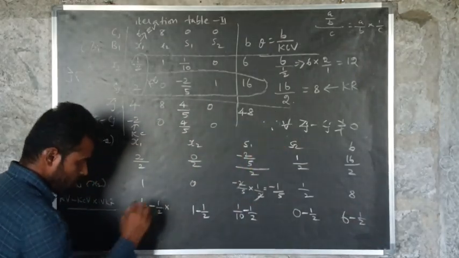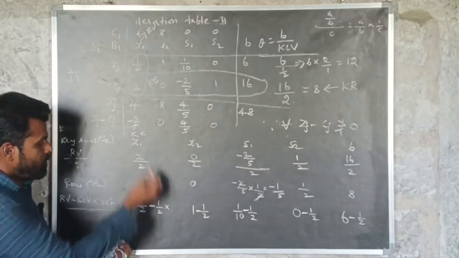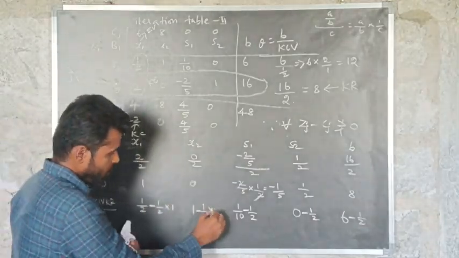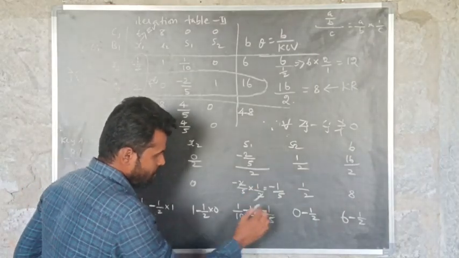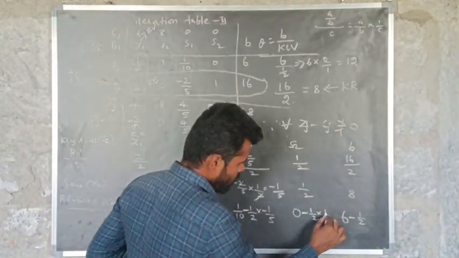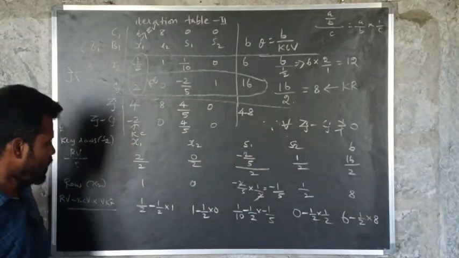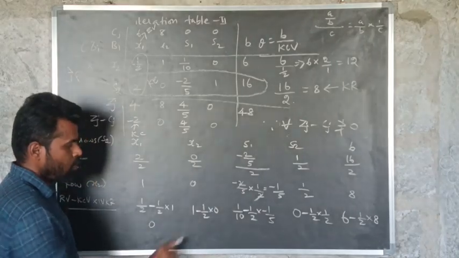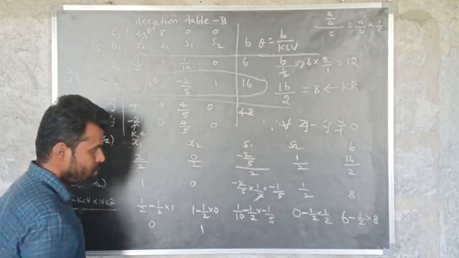Next, the iterated value of the key row, which is what you found above: for X1 it is 1, multiply with 0, here multiply with minus 1 by 5, here multiply with 1 by 2, and multiply with 8. So 1 by 2 minus 1 by 2 is 0. 1 minus 1 by 2 into 0 is 0, so 1 minus 0 is 1.